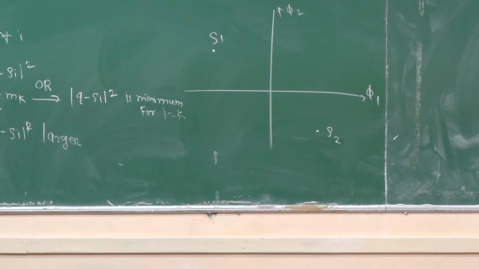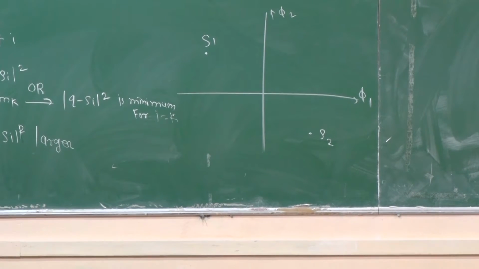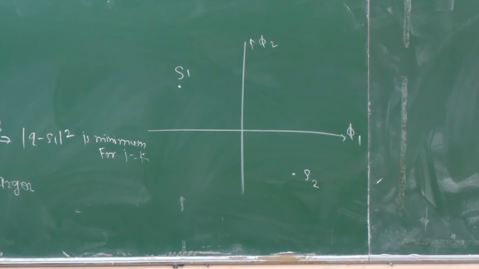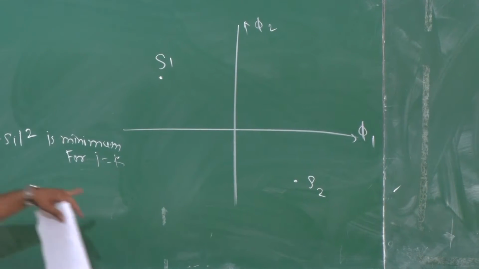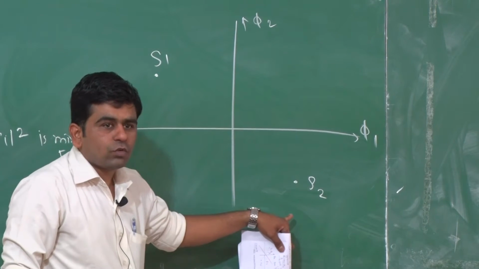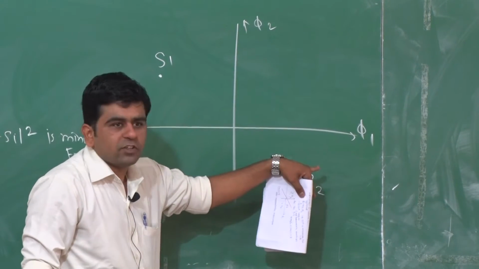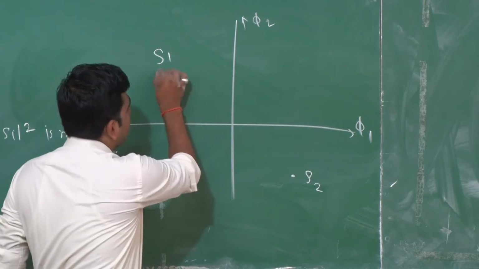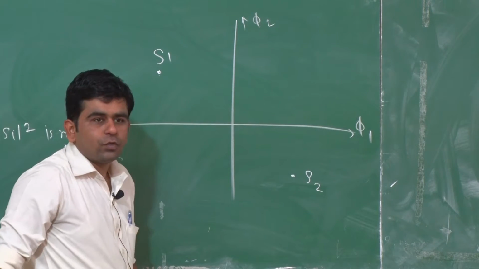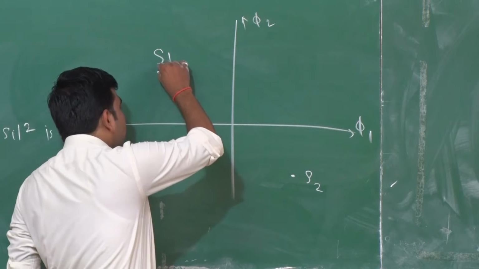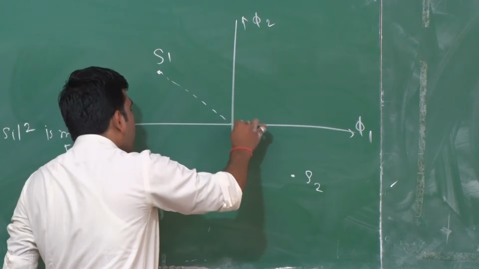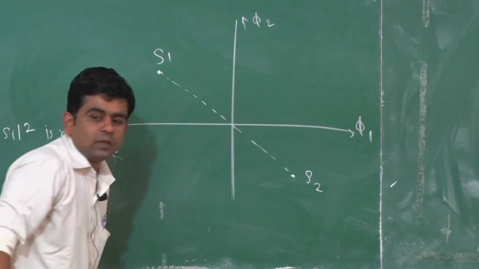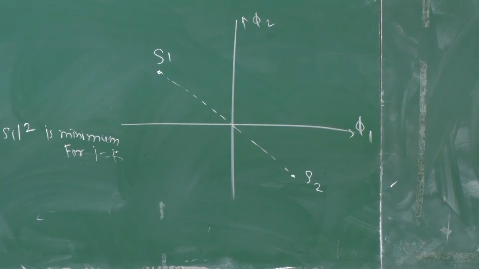For example, we have 2 signals transmitted from your transmitter. They are S1 and S2, and we have to plot these 2 signals on a 2 dimensional signal space with basis functions phi1 and phi2. So this is your S1, this one is your S2. We have to connect these 2 points.